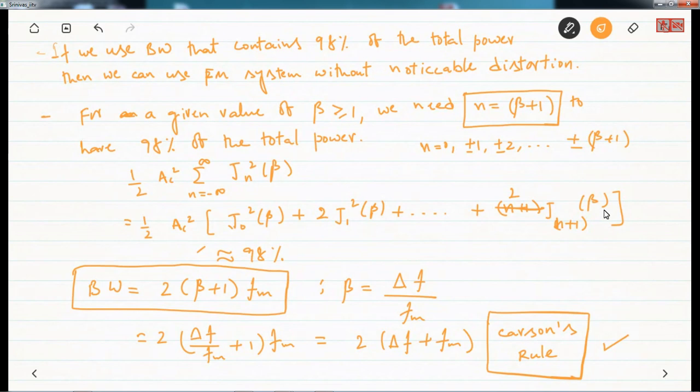And note that this we derived assuming beta is greater than or equal to 1, right?